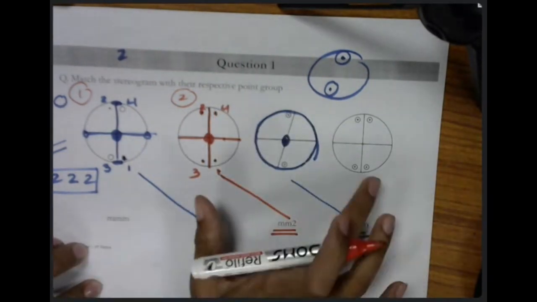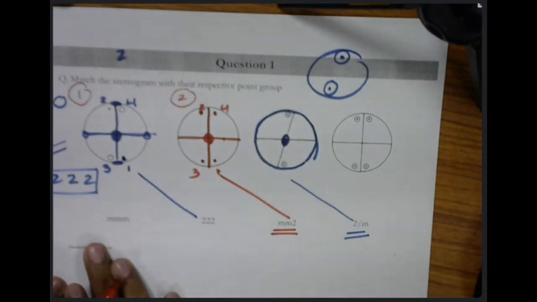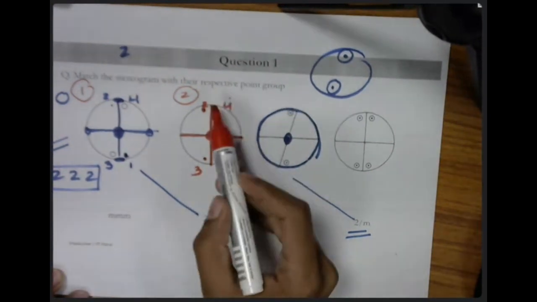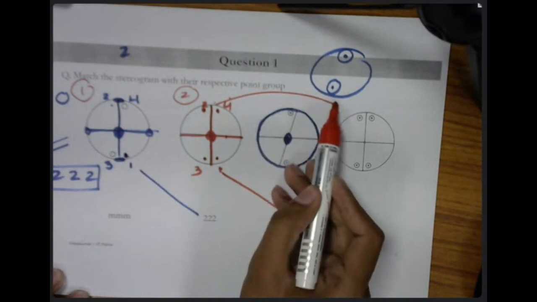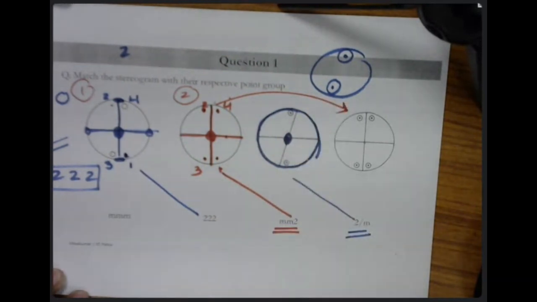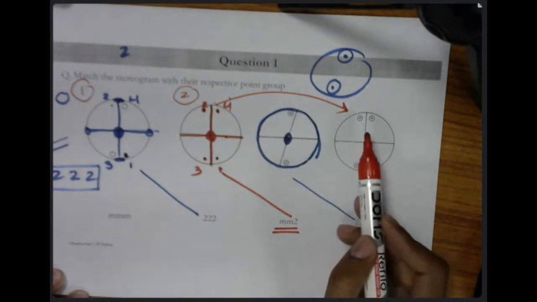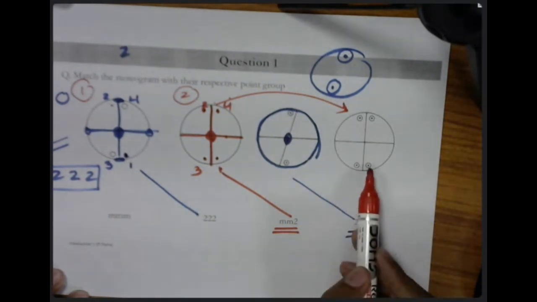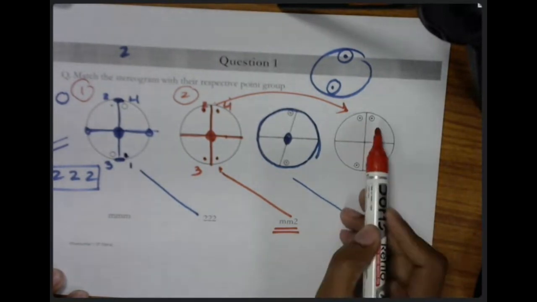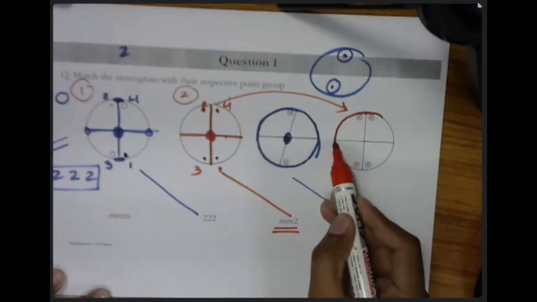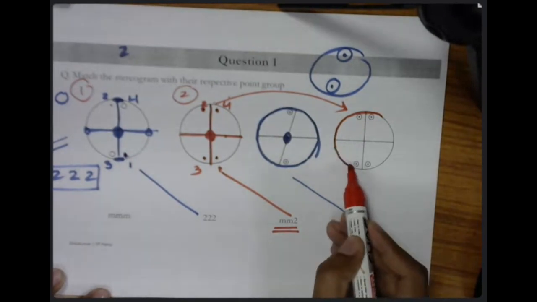Now only one last thing is left, and which will definitely match with this, but still let's do that. So from here, from this particular 2, how can we get to point 3? All the points are above over here, but here we can see that in addition to these 4 points which are above, there are 4 points which are below also, which can only be done by the horizontal mirror, which will reflect all the points which were above to below.